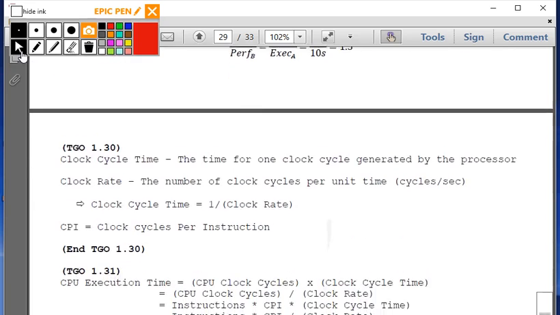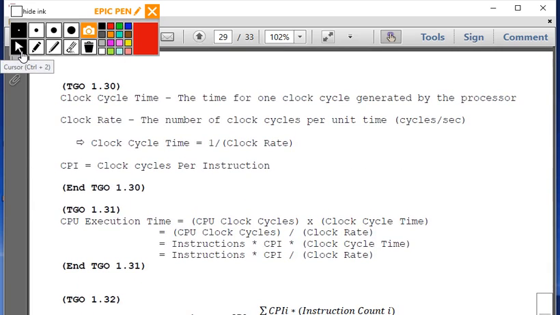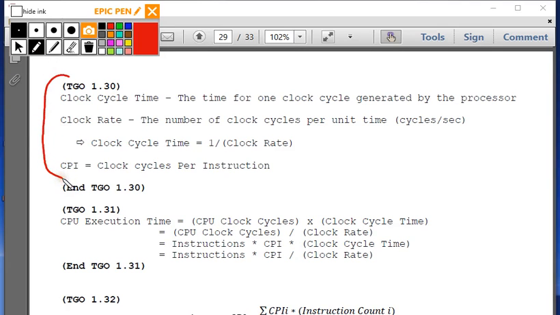In this case, I want to talk about the relationship between clock cycle time, clock rate, and what's known as CPI. CPI is clock cycles per instruction. The clock time is the time for one clock cycle generated by the processor. So what does this mean? You have a 2 gigahertz processor.